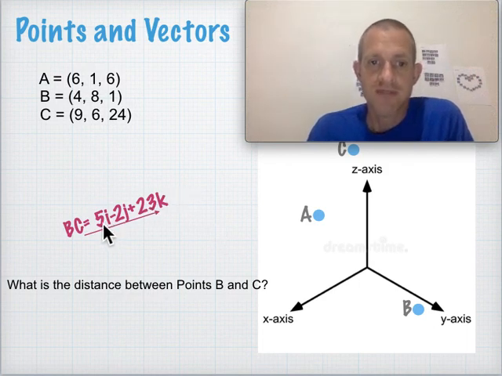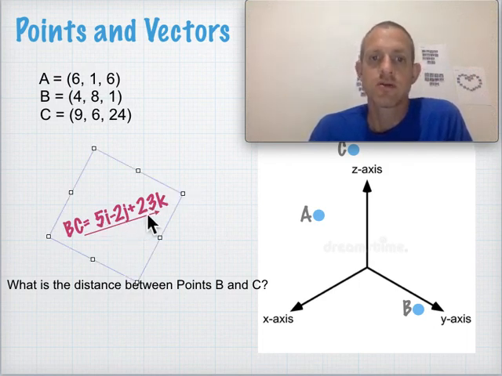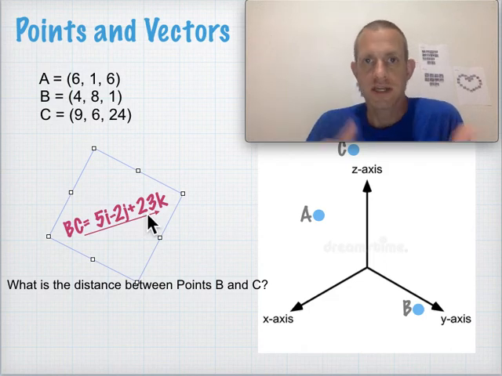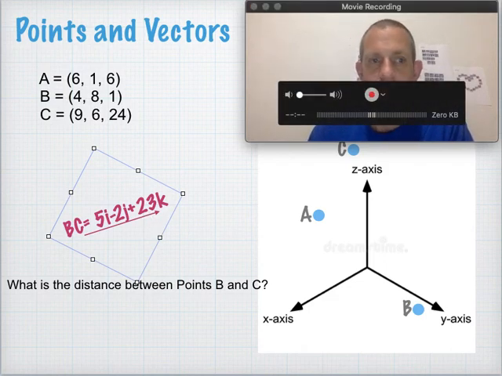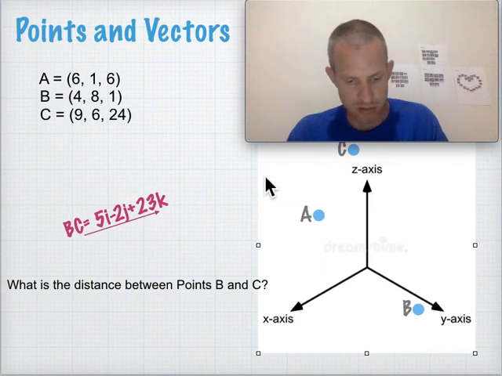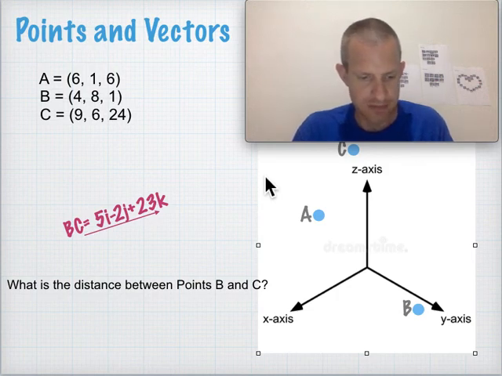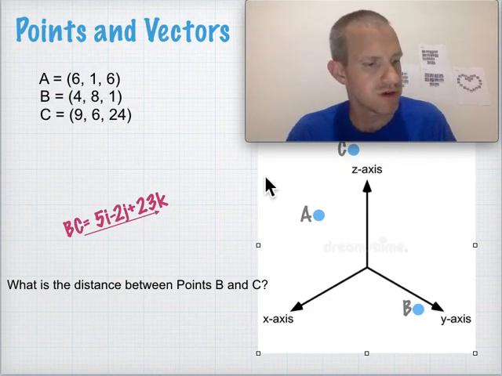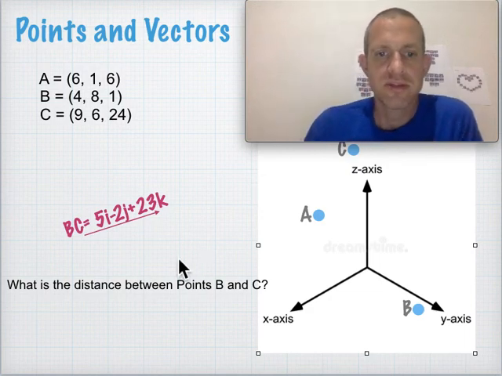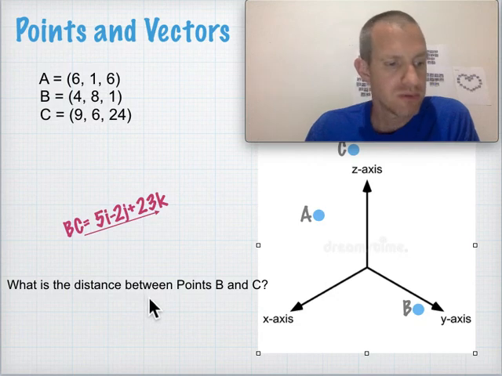So 5 squared plus 2 squared plus 23 squared, and take its square root. 5 squared plus 2 squared plus 23 squared is 558, and the square root of 558 is about 23.6. So the length here would be 23.6.